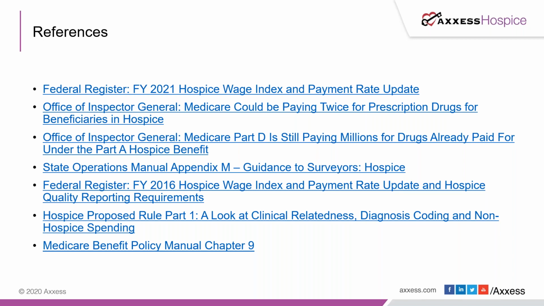So our first question: if a patient is admitted with a diagnosis of lung cancer, but has a history of ESRD and is on HD, would you say the HD is related and the hospice should pay? I knew this was going to be the one that comes up, because hemodialysis and ESRD is such a challenge, because we go back to the difference between causality and related to the prognosis.